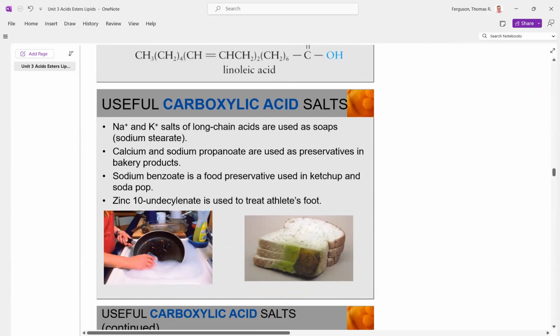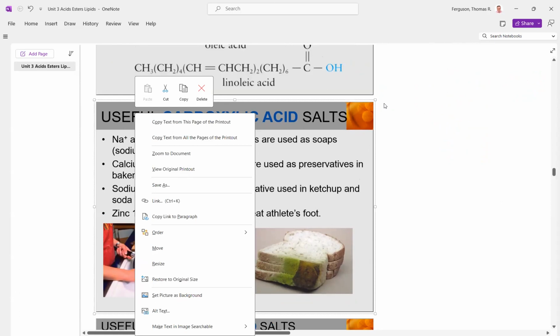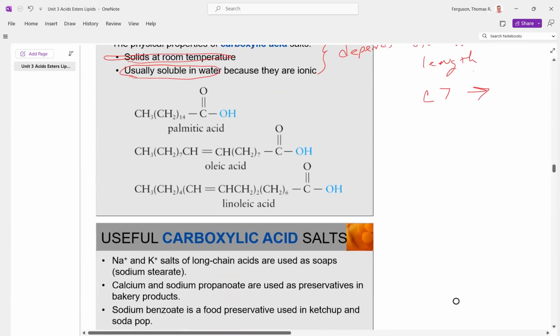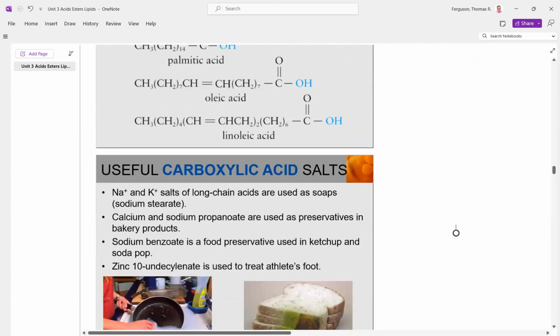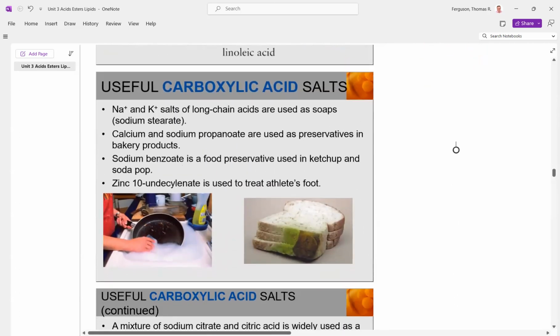Now, when we made salt in lab, we were doing just this. We talk about esters. You were taking an ester, pulling the fatty acid part off, and you were left with the sodium salt of the ester.